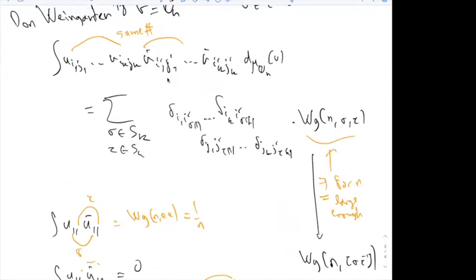I have n, I have a group, and then I try to solve this. Here the approach is different. I have this thing, and it makes sense for any n which is large enough. Of course the functions change because the group changes as well, but I have a consistent way of defining it as soon as n is large enough.